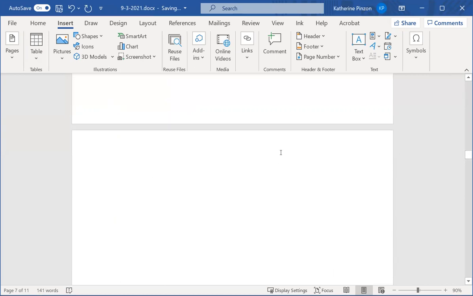Oh, that page is blank. Of course it is. And that page is blank. Of course it is. What happened? Why are there so many blank?